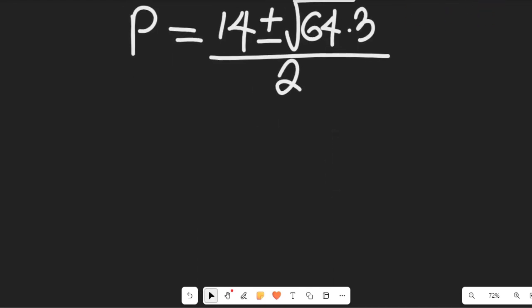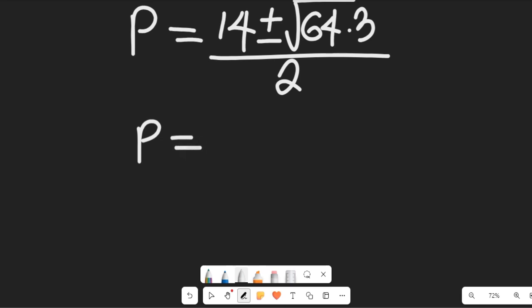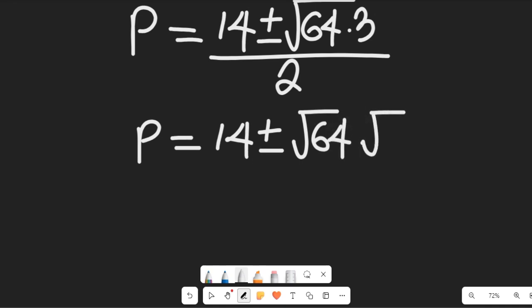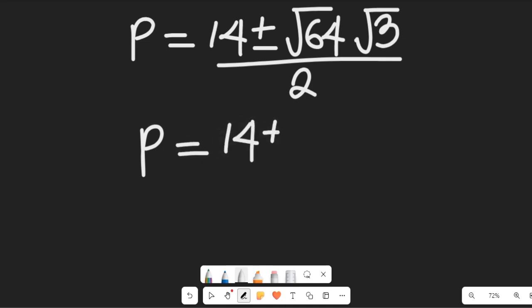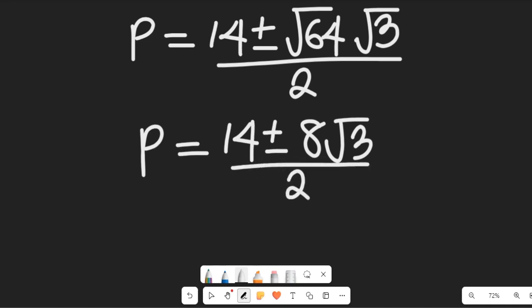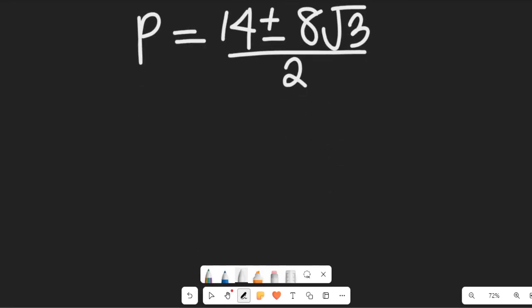So in that expression, we'll have our p equal to 14 plus or minus the square root of 64 multiplying the square root of 3, and all of these will be divided by 2. In the next case, we are going to have our p equal to 14 plus or minus the square root of 64, which is a perfect square, that's 8 root 3, and that will be divided by 2. If we simplify that, in the next step our p will be equal to, 2 is common.